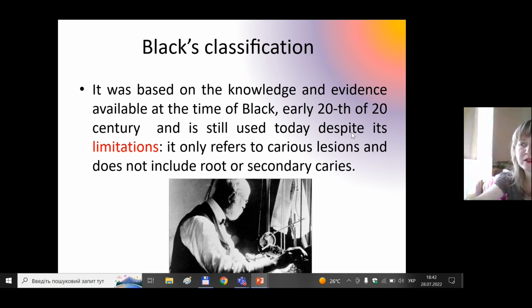It was the early 20s of the 20th century, and it is still used today despite its limitations. And what are the limitations? It only refers to caries lesions and does not include root or secondary caries.